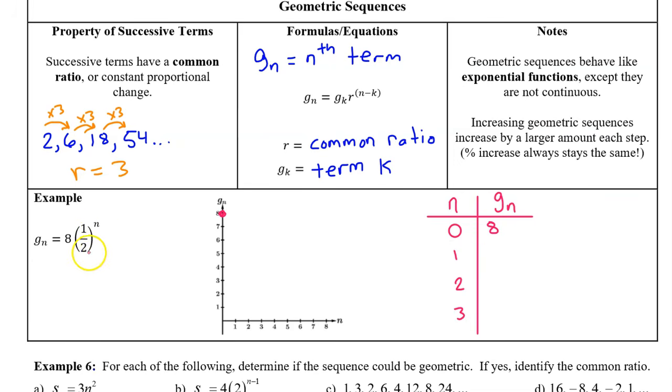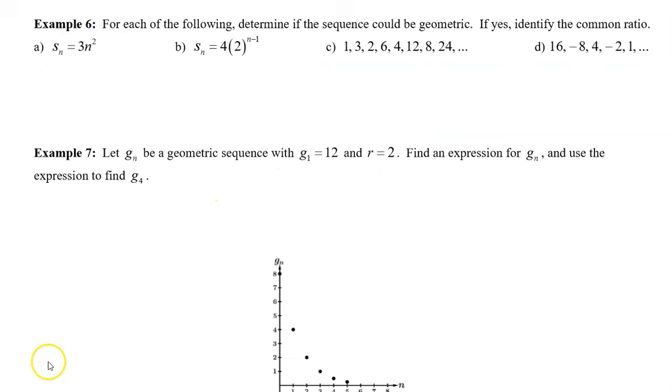So that just leaves 1/2 times 8, which is 4. Also, a common ratio of 1/2 means that you can get successive terms by multiplying by 1/2. So using that, we know the next term is going to be 2, and the next term is going to be 1. So the first 4 terms look like this.